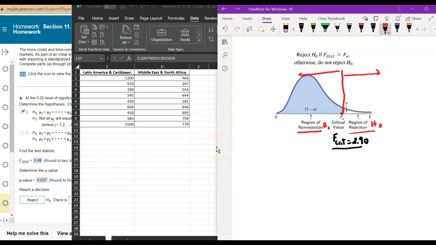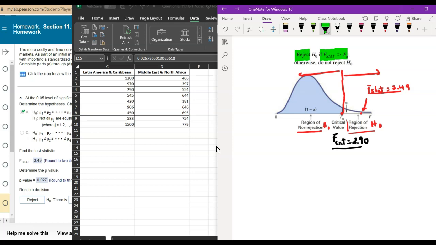If I draw it here, and this is 2.9, the 3.49 should be somewhere here. The F stat, this is 3.49. Do you see the F statistic is located in the rejection zone? So you're going to reject H0. The statement is: if F stat is greater than F alpha, you reject; otherwise do not reject.